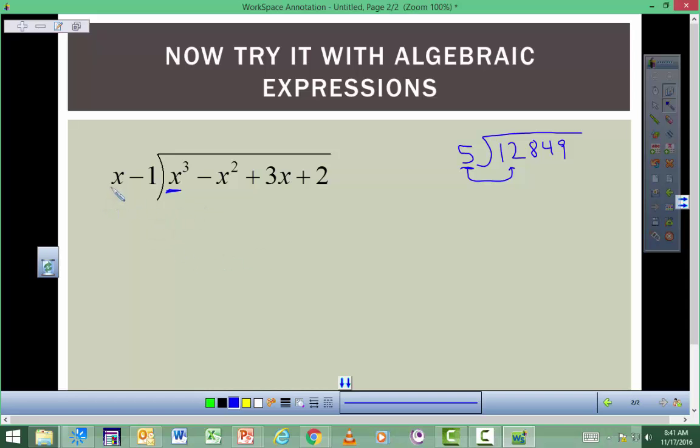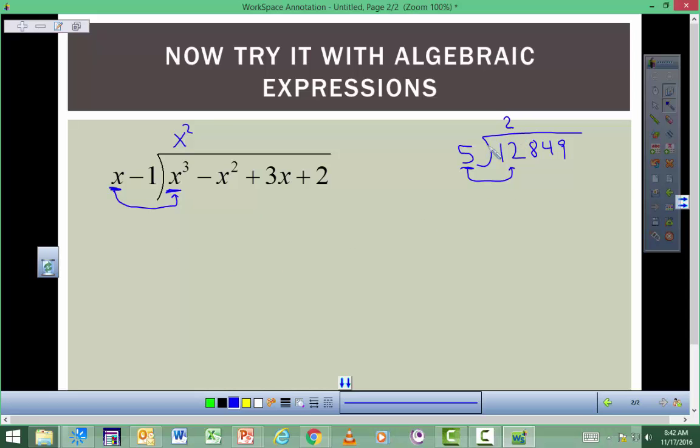What I do this time is I take this number here, and I say, what do I multiply by to get that? And you say, oh, x times x squared. And so you put the x squared right on top. Bam. And remember what we did? We said, oh, this goes in twice.